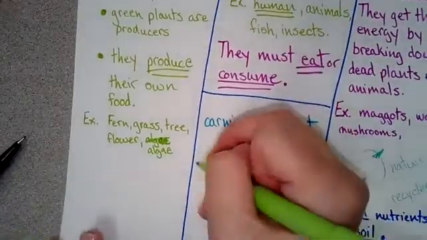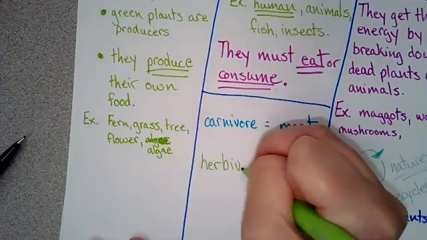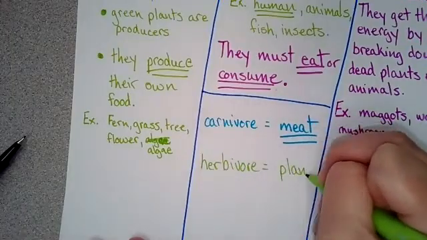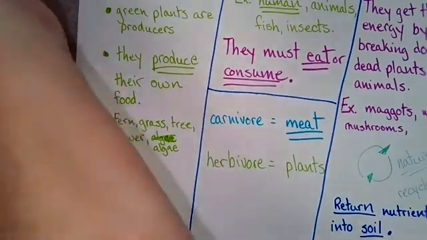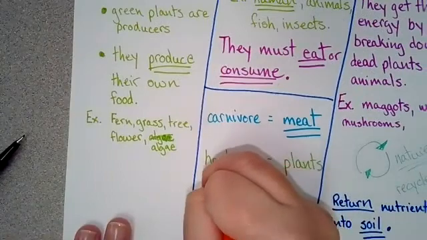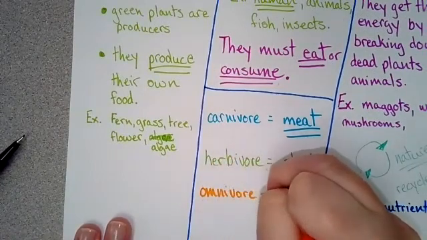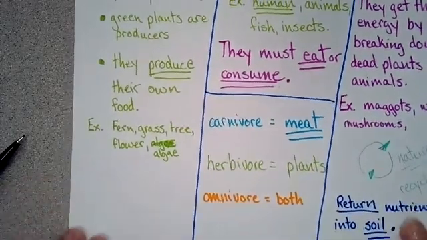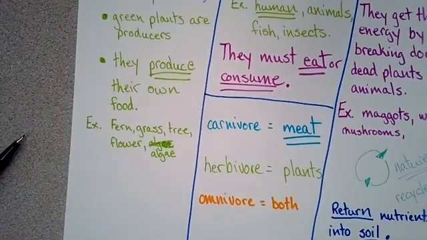Herbivore, and it can be said herbivore or herbivore. I've heard it both ways. Herbivore is plants. And then the last one is omnivore. They eat both. Most of you are omnivores. You'll eat a steak and a cheeseburger, but you also eat broccoli.